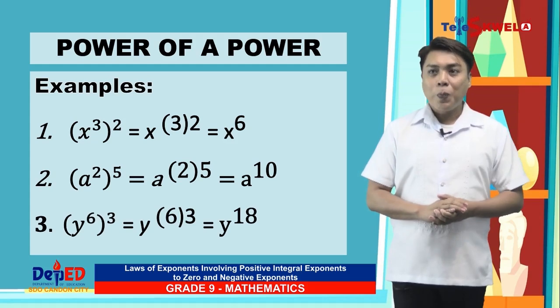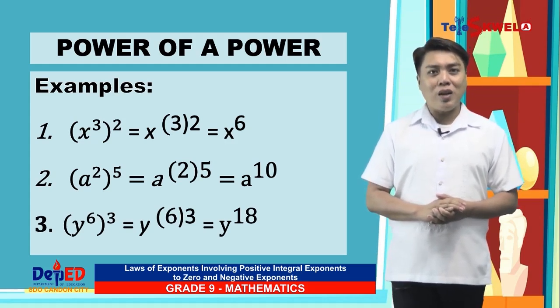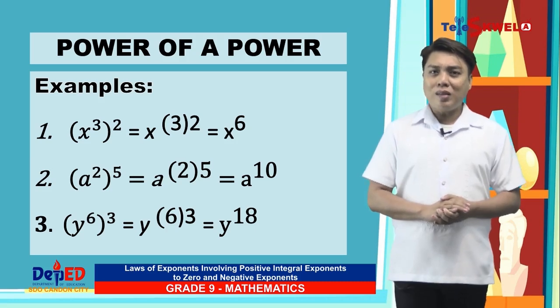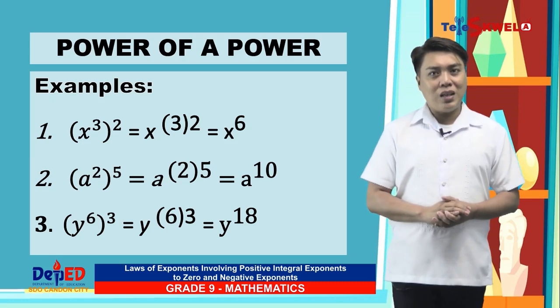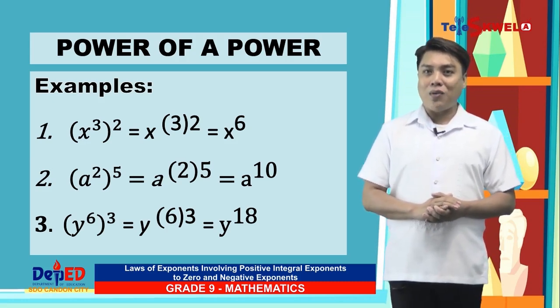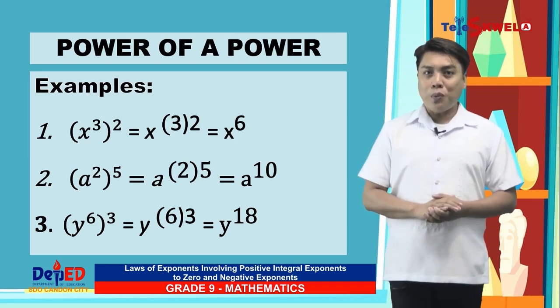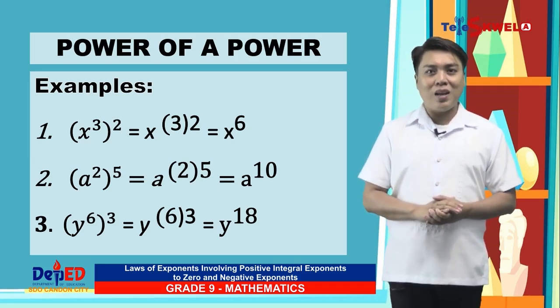Number 3, the quantity y raised to the sixth power raised to the third power is equal to y raised to 6 times 3, is equal to y raised to the 18th power. Notice that we write the base and multiply the exponents.